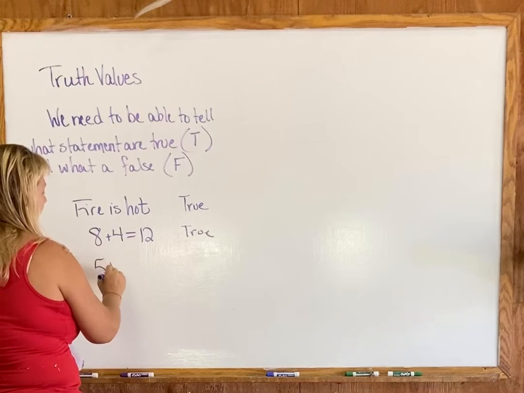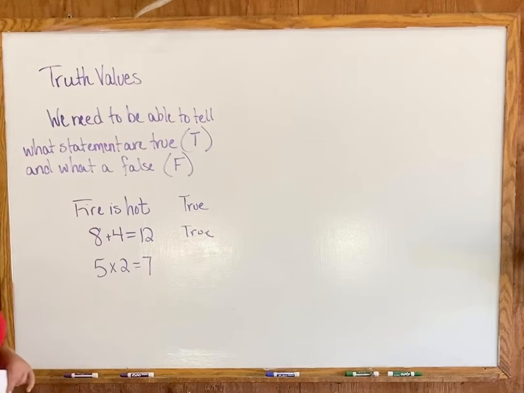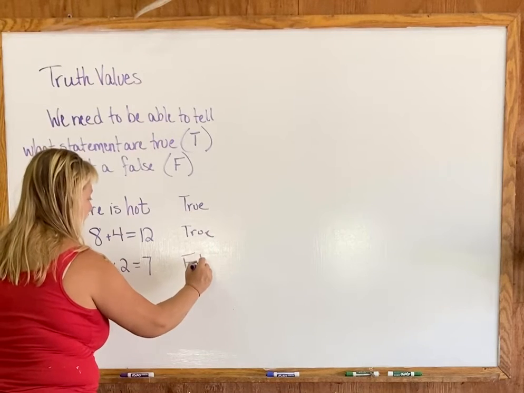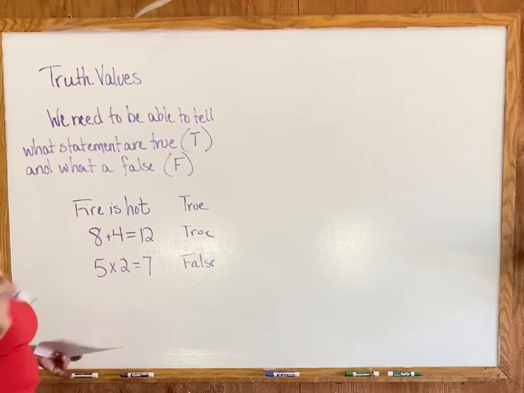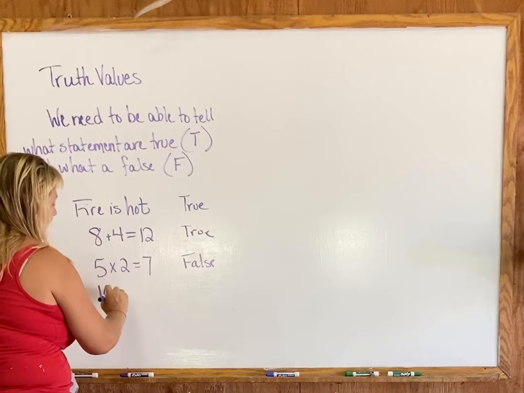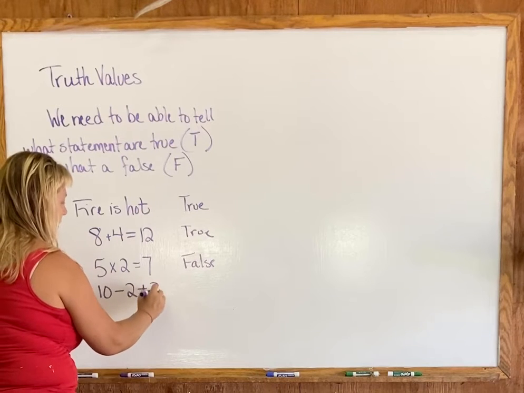But what about 5 times 2 equals 7? True statement? Nope, this guy is going to be a false statement, right? So it's still a statement, but this one is a false statement. And then one more, 10 minus 2 does not equal 3.